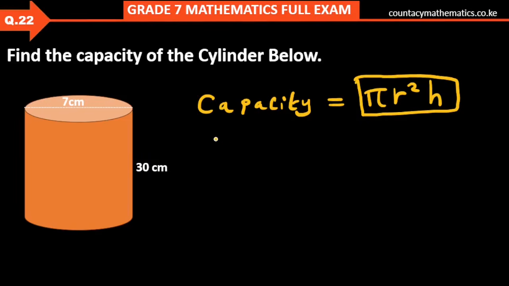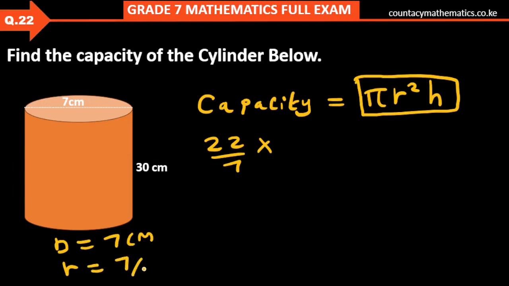So the pi, because we have not been given it, we simply use the default one, which is 22/7, multiplied by the radius. What we have here is the diameter, which is equal to 7 centimeters. To get the radius, we divide the diameter by 2. Therefore, the radius will be equivalent to 7/2 centimeters.